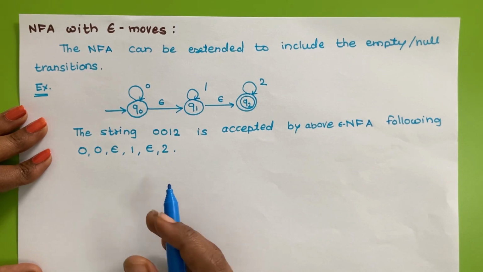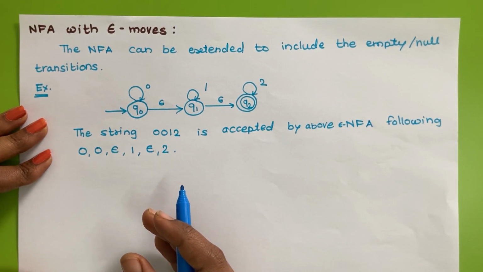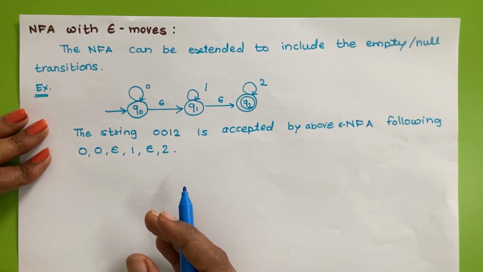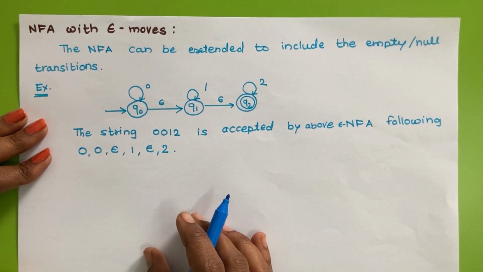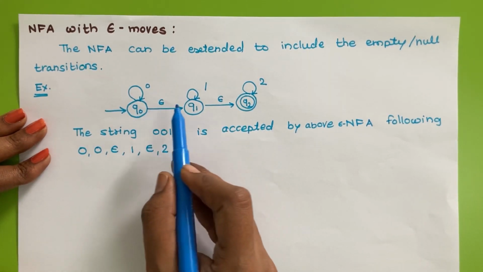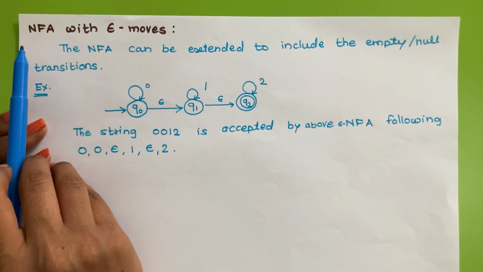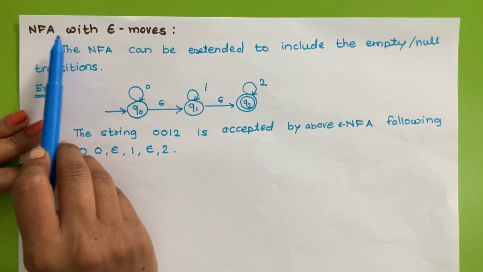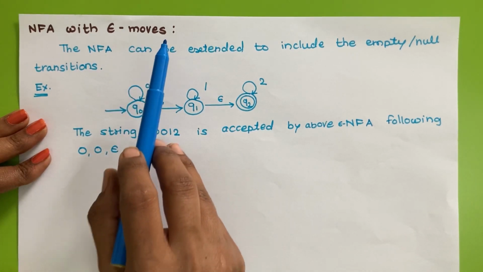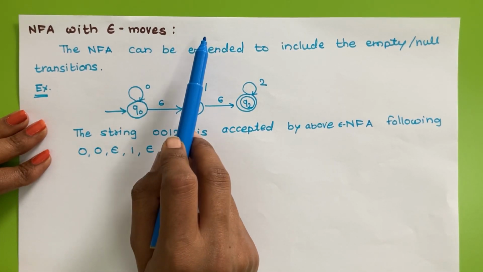That was the case in the previous types of automata. But now in this type of automata we are moving from one state to another state by following empty transitions. So the name is given as NFA with empty moves, or we can call it empty NFA also.